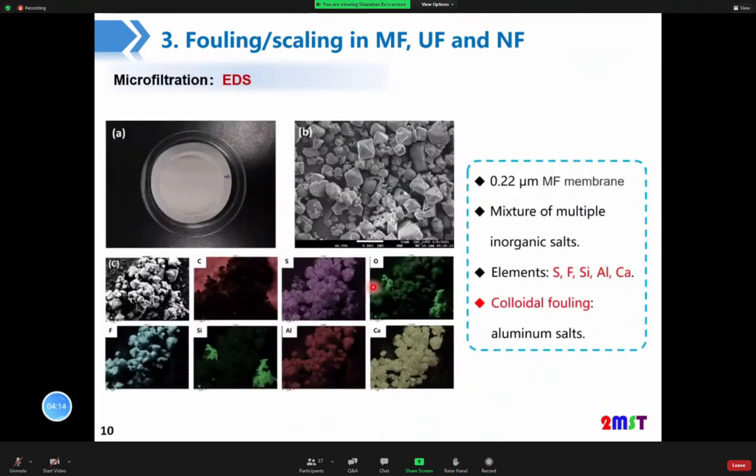In the microfiltration process, the EDS shows that the fouling or scaling elements include sulfur, fluorine, silicon, aluminum, and calcium. Aluminum salts mainly cause the colloid fouling.